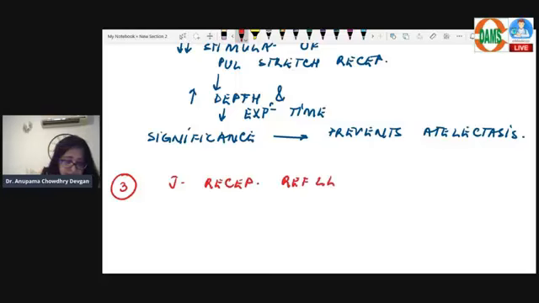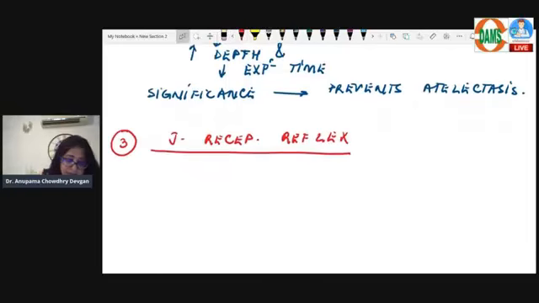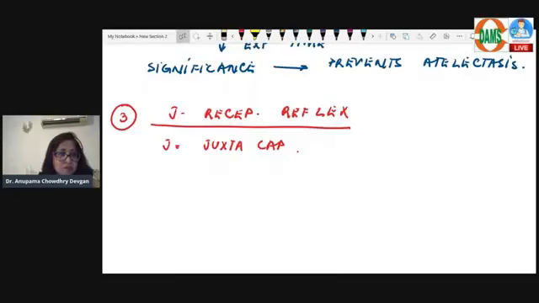J receptor reflex. Atelectasis is collapse, it means collapse of the lungs. J stands for juxtacapillary receptors. What are juxtacapillary? That means they are next to the pulmonary capillaries, right?